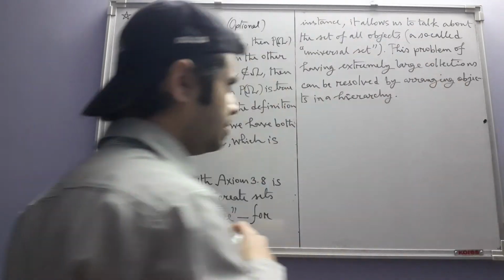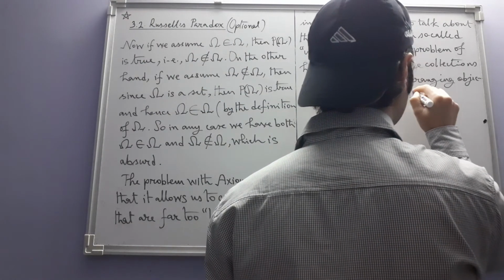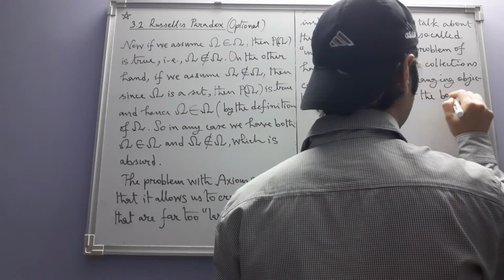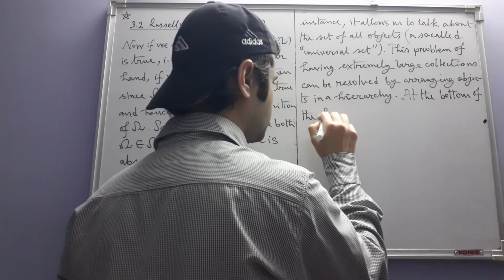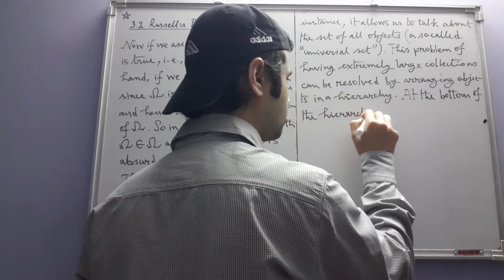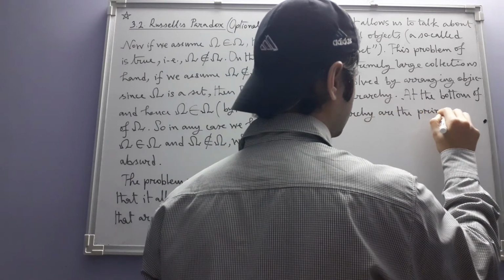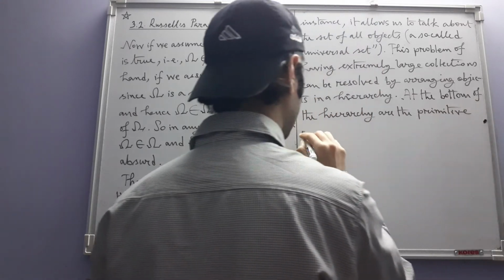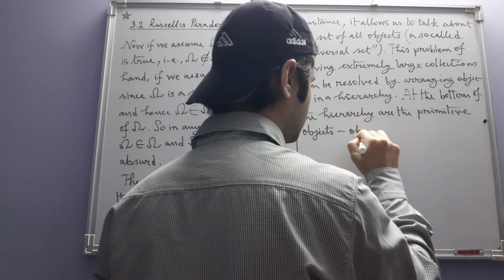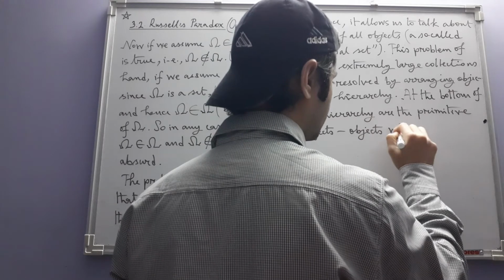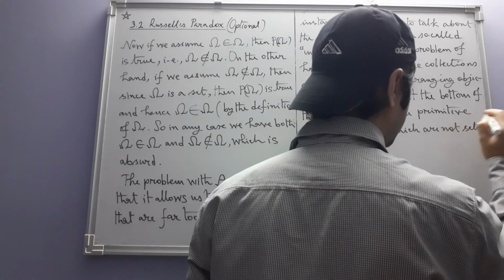So the objects in set theory are to be arranged in a hierarchy. At the bottom of the hierarchy are the primitive objects, that is, objects which are not themselves sets.